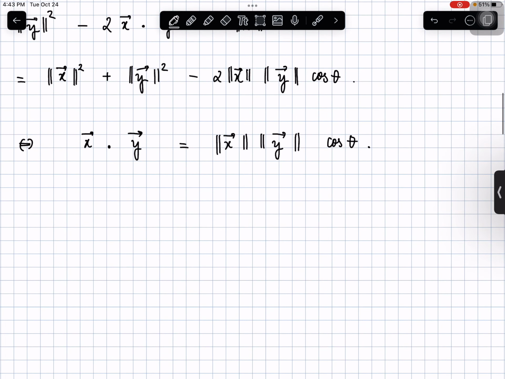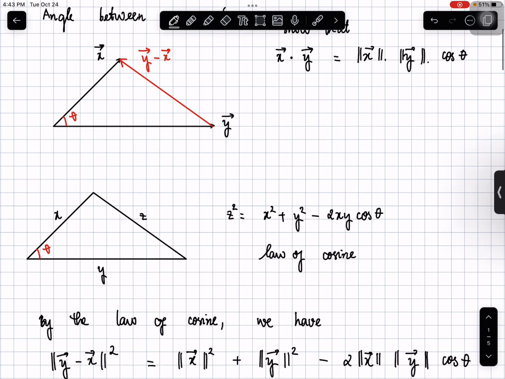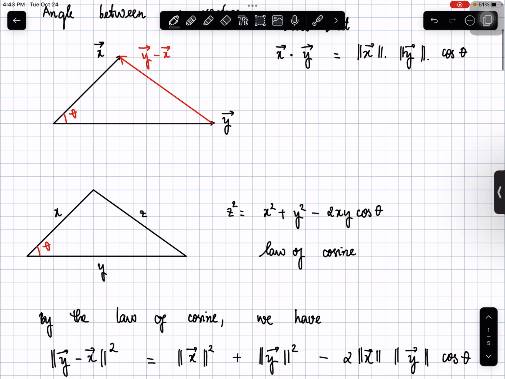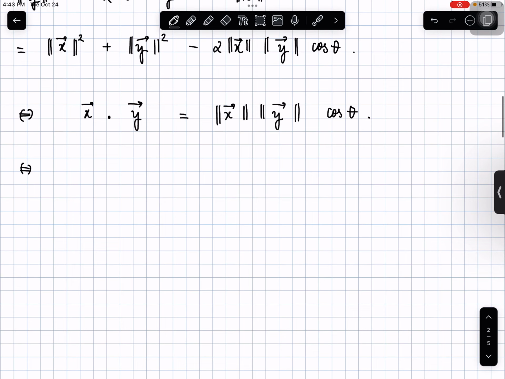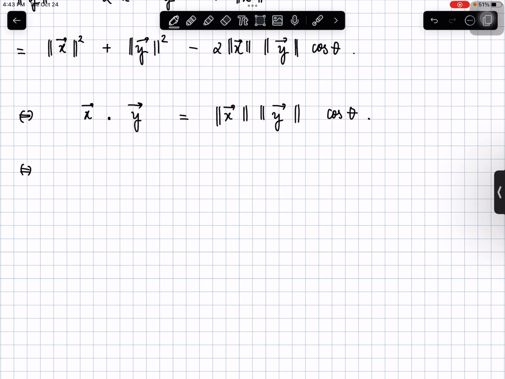We are almost done here. I should say somewhere that the two vectors x is not the zero vector and y is also non-zero. They are two non-zero vectors. In particular, what does that mean?